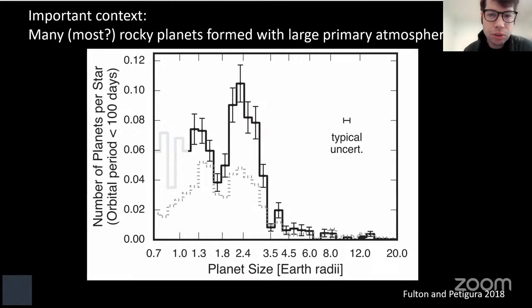Okay, so some important context for what follows. Something that we've learned from population, demographic studies of exoplanets is that many or perhaps most rocky planets formed with a large primary atmosphere.